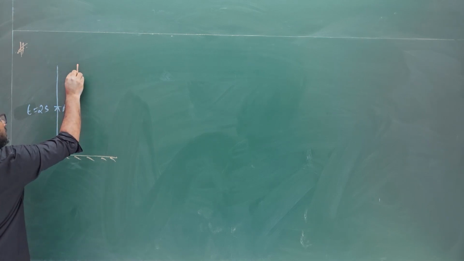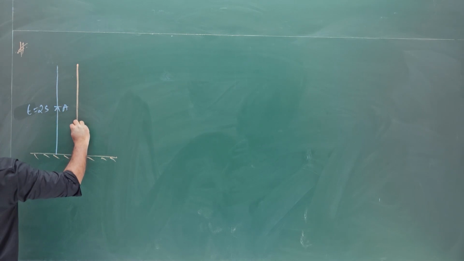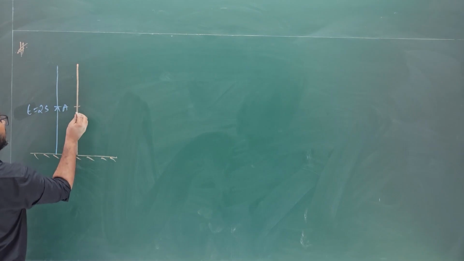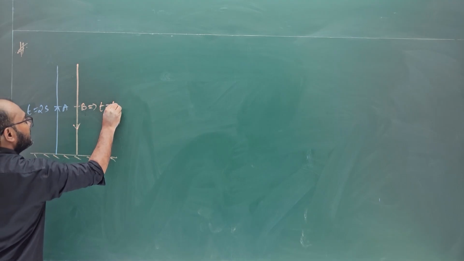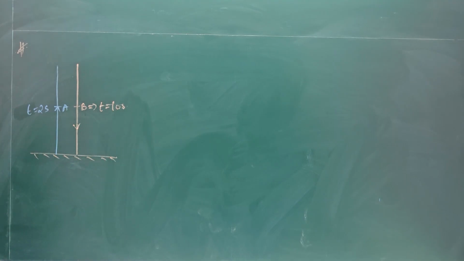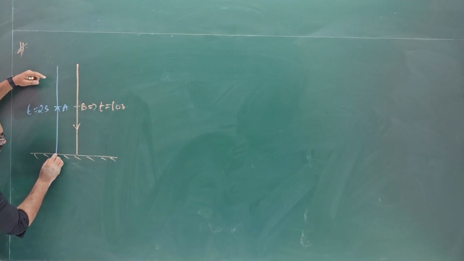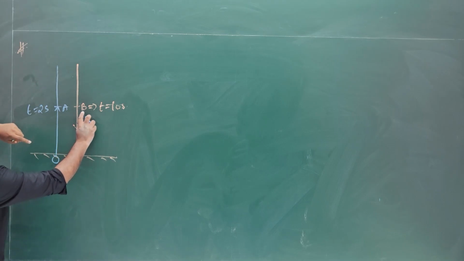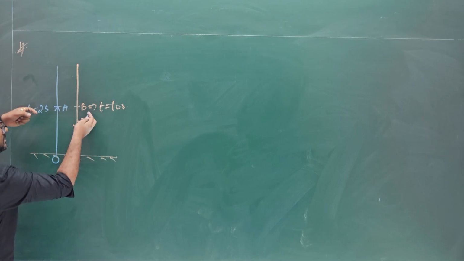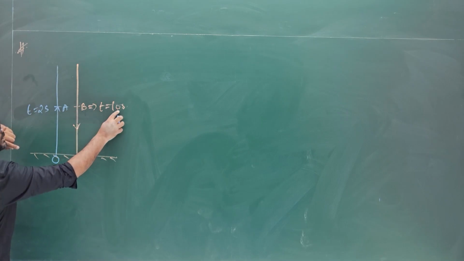Similarly, while descending, consider this point as B, and we got a time of 10 seconds. Yes or no? Now listen to me. Time taken from origin to point A is how much? 2 seconds. And time taken by the same body to reach B is nothing but 10 seconds.